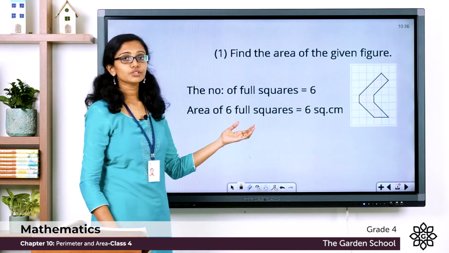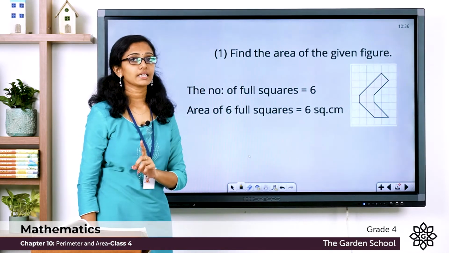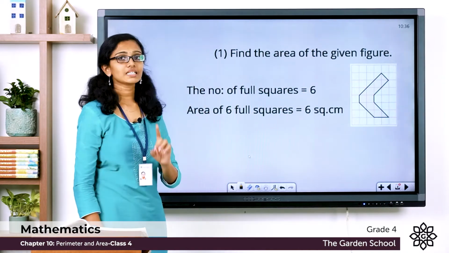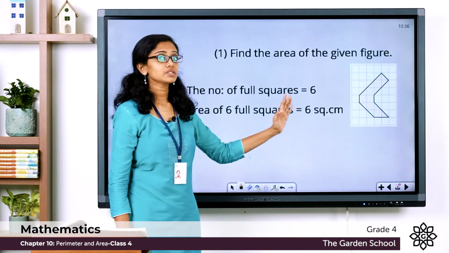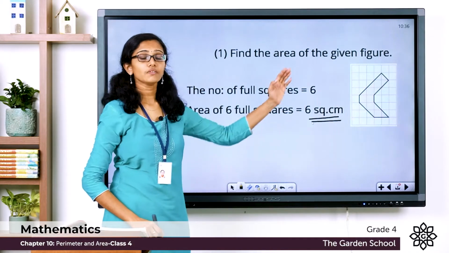So, the number of full squares is equal to 6. And each full square has an area of 1 square centimeter. So, that means area of 6 full squares is equal to 6 into 1 square centimeter, which is equal to 6 square centimeter. So, that is the area of the full squares.